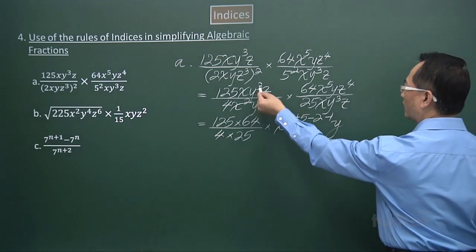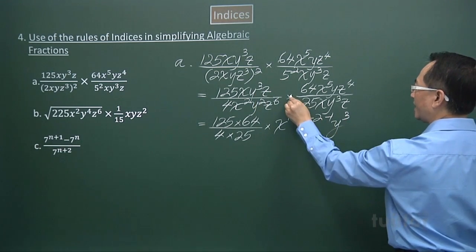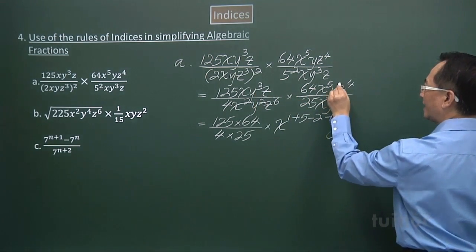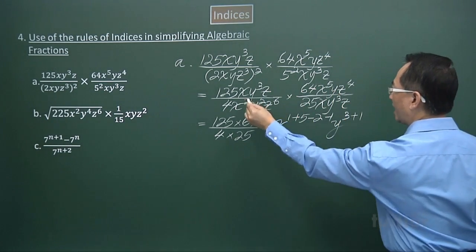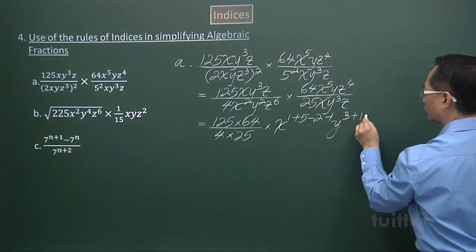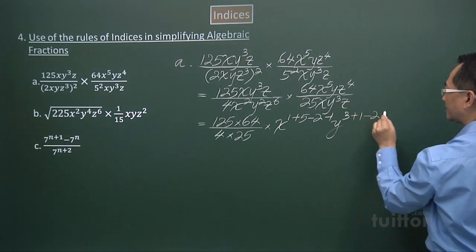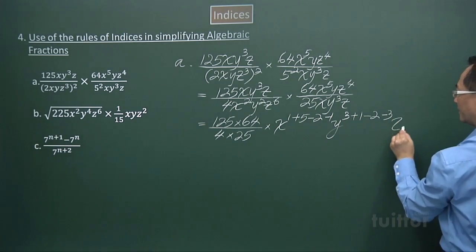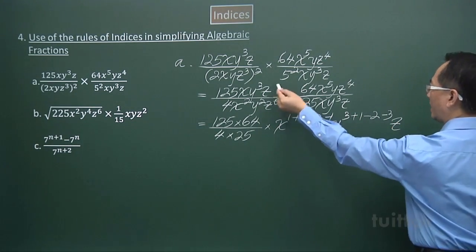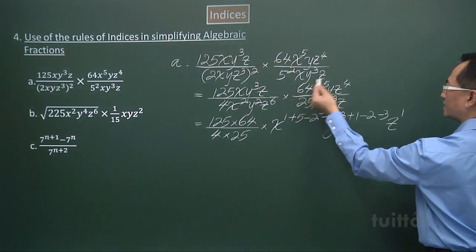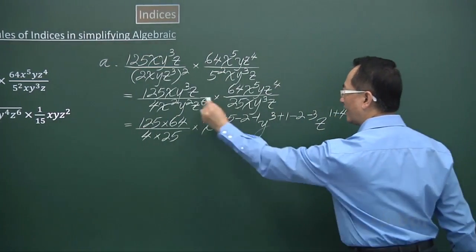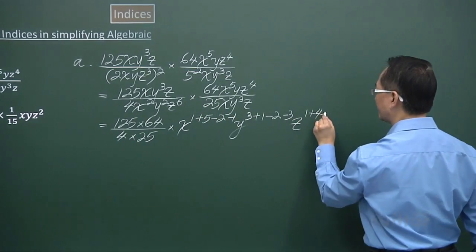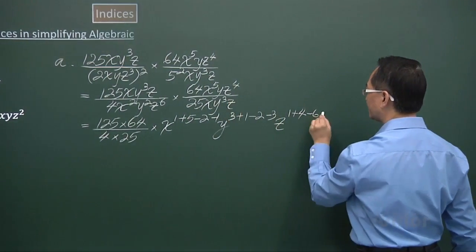Then y to the power of 3 times, I'm looking at adding to this 1, divided by minus the 2, minus the 3. Then z to the power 1 times, so I add on to the 4, divided by, so minus the 6, minus the 1.